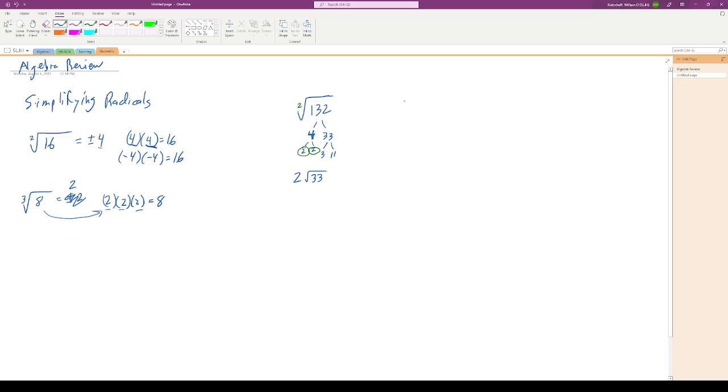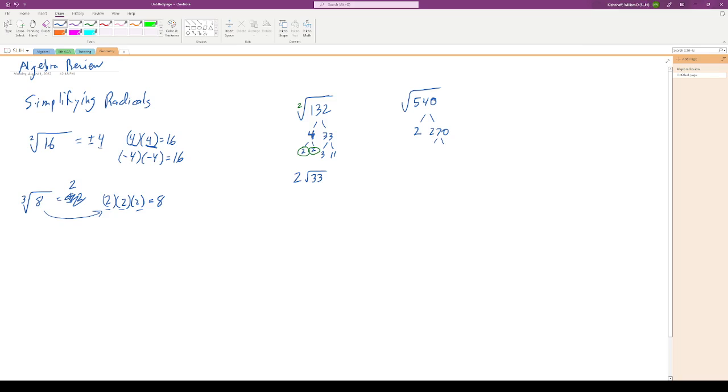Let's try a bigger number and do like 540. I don't recognize any perfect squares within this like I did here, so I'll just start with the fact that this is even. I'm going to divide by 2, and that leaves me with 270. This is still even, so I could divide by 2. I also see that it's divisible by 10 because of the 0, or divisible by 3 or 9 because these numbers add up to 9.